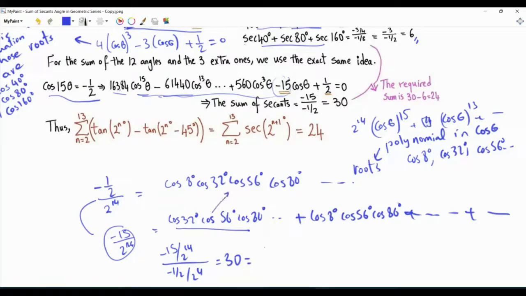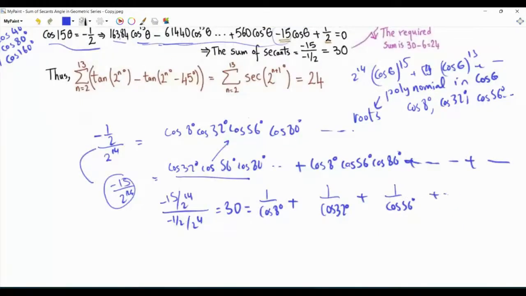When we divide this by that, we get 1 over cosine 8. And then when we divide this by that, we get 1 over cosine 32 degrees. And when we divide this by that, we get 1 over cosine 56 degrees, and so on. Then we get sec 8 plus sec 32 degrees plus sec 56 degrees plus sec 80 degrees, and so forth. And this is basically a sum that is equal to 30.